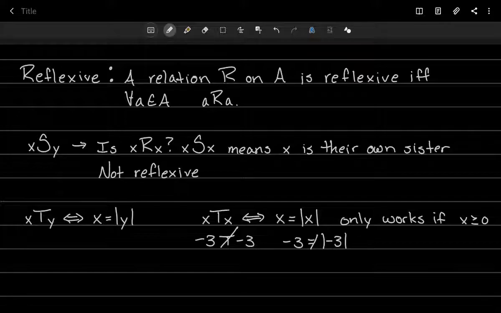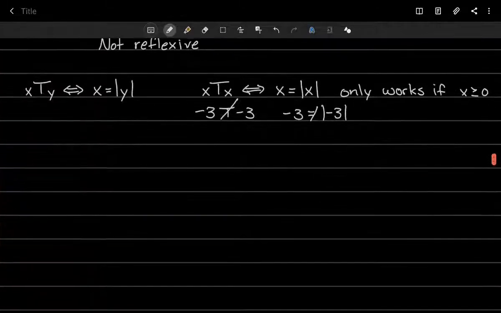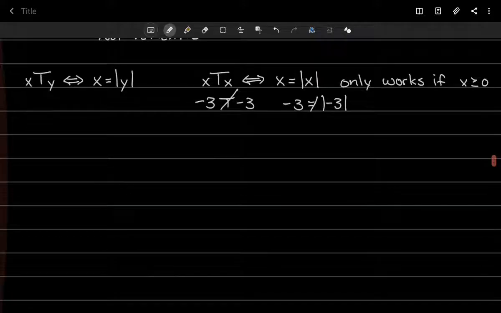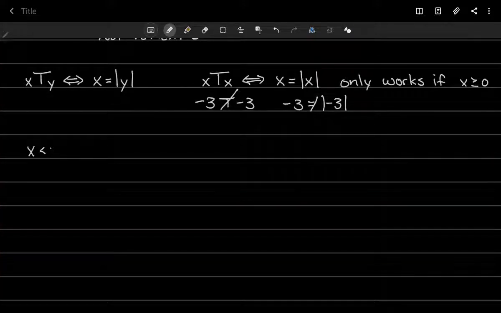All right, well, we still have hope. Let's keep trying with our others. So what about my X less than Y example? Well, you can probably tell right away this is not going to be reflexive because x less than x is not true.